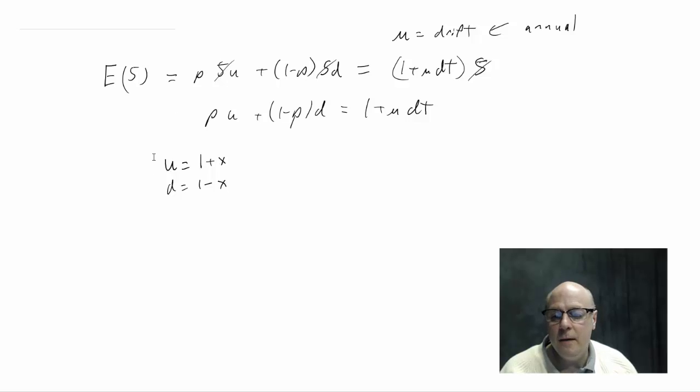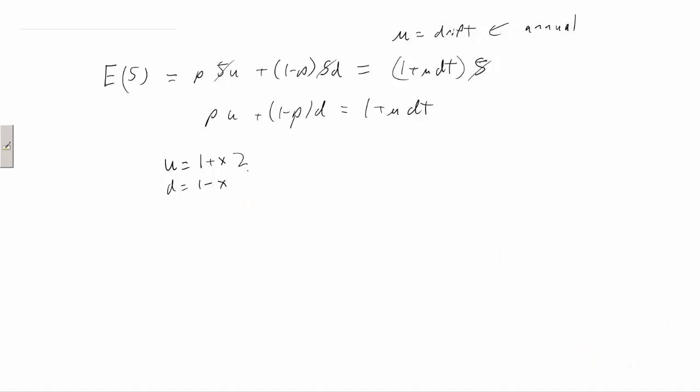So if the up and the down match using this x formula, then I can use all the formulas that we're about to derive. So let's derive them. Putting those in for the ups and the downs, I end up getting that the probability is equal to 1/2 plus mu dt over 2x. Some other cleanups can happen too.